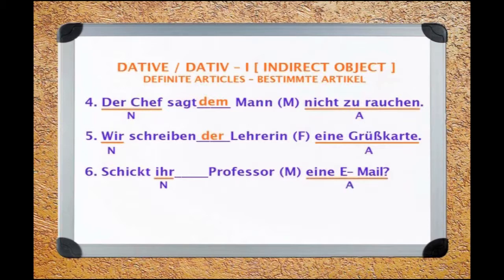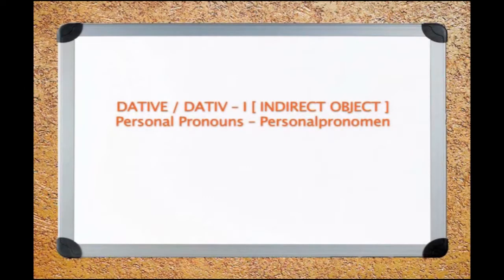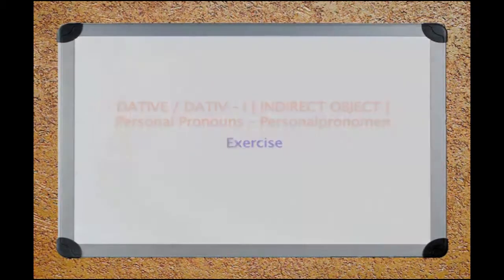That becomes the accusative, the direct object, and to whom it is sent, that person becomes a dative, the beneficiary, and here we have the noun professor, and we have the article der Professor because it belongs to the masculine gender, and you know that der becomes dem in dative. Now let us do an exercise on a similar pattern.